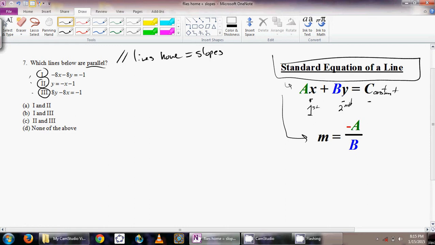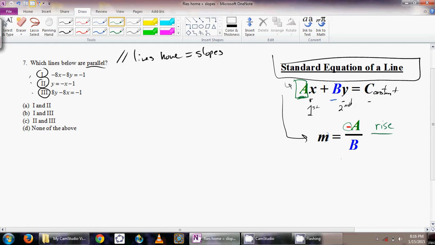And that's because you can figure out slope by looking at the coefficient on your x and the coefficient on your y. The way it works with slope is if you take the coefficient on your x and negate it, that would be the rise.